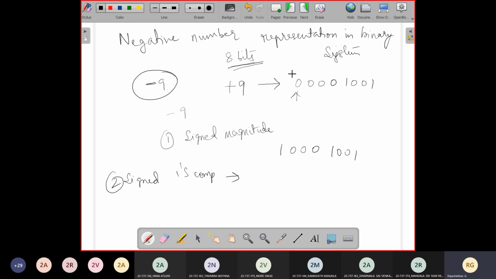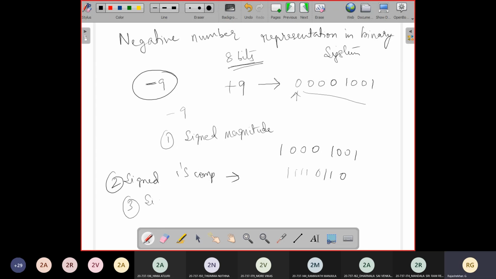If you take the ones complement of +9, that will give you the signed ones complement representation. That will be 1, 1, 1, 1, 0, 1, 1, 0. So this is the signed ones complement representation of -9. Are you clear, guys? Offline, online, are you clear?